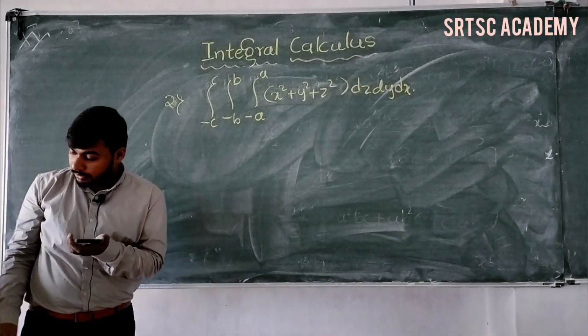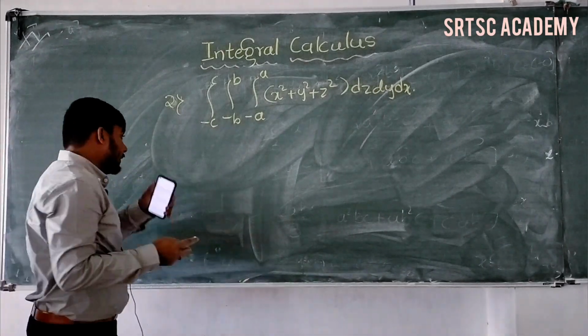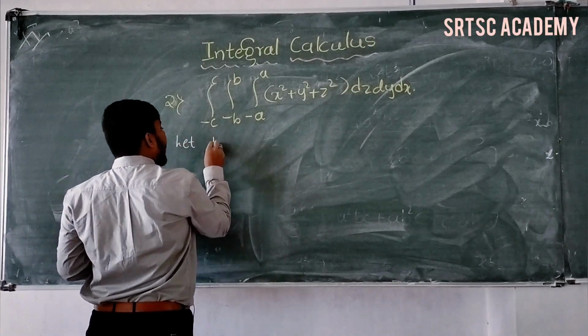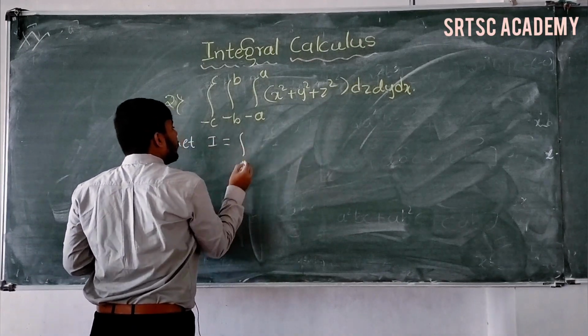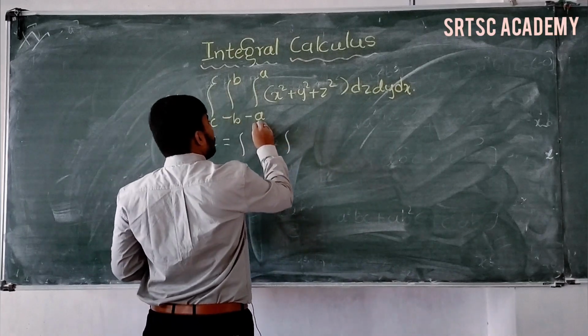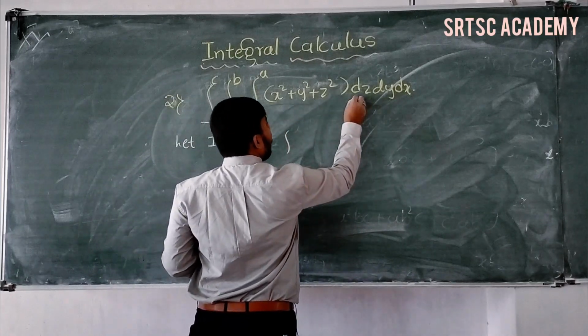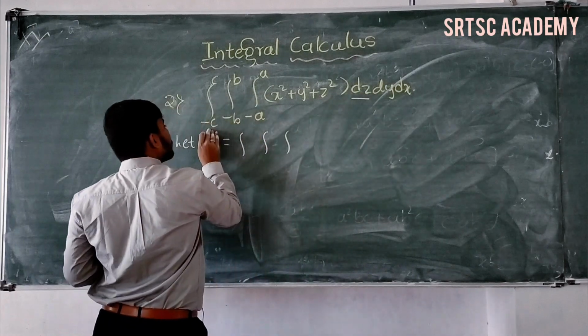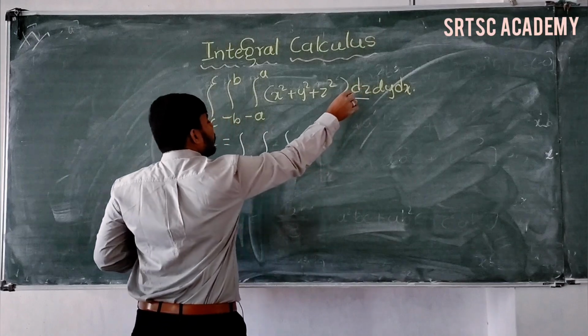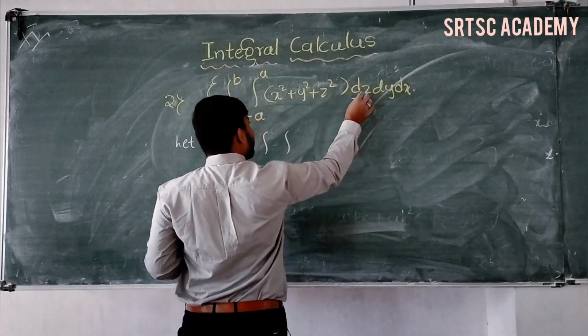This is the function, right? Let I is equal to the triple integral with limits minus a to a, minus b to b, minus c to c. So first we have what? These three are constant limits. First, what are we doing? We are doing integration with respect to z, right?